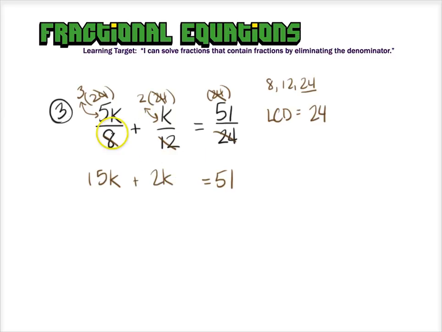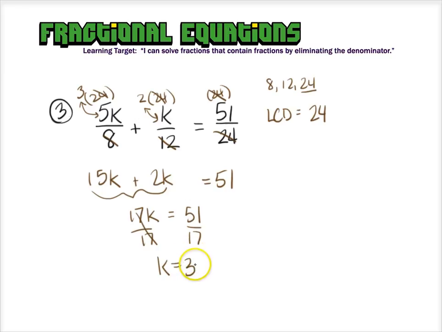So you can have one that just didn't look pretty, did it? And in the end, it's really not bad at all. These come together, this is 17k equals 51, and I'm pretty darn sure this is 3. I'm just going to make sure. 51 divided by 17, yep. So you get k equals 3.